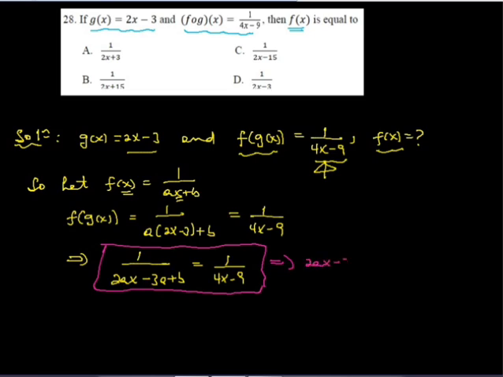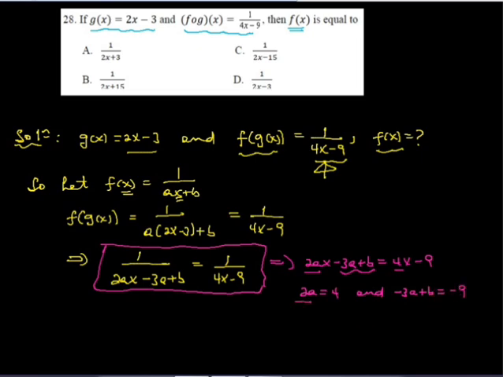2ax minus 3a plus b is the same as 4x minus 9. So this 2a should be the same as 4, and the constant term minus 3a plus b should be minus 9.